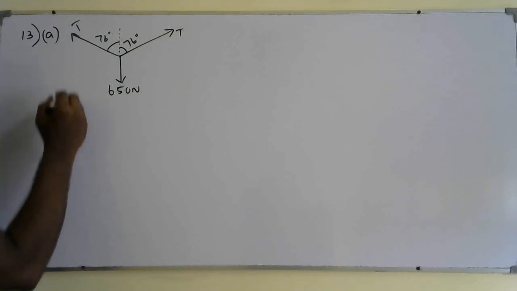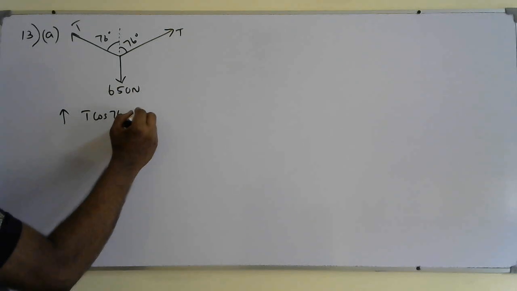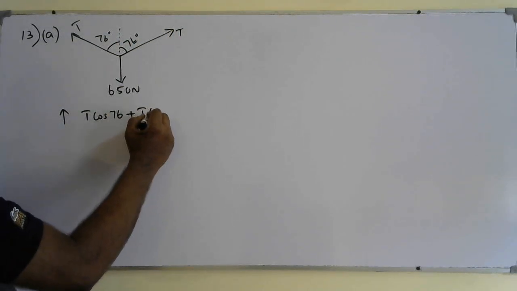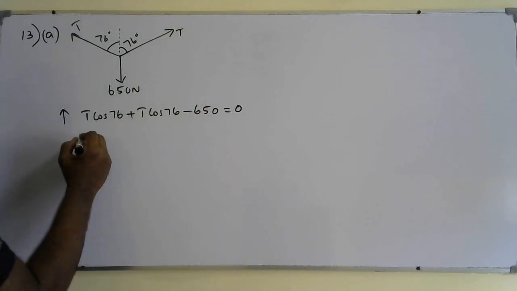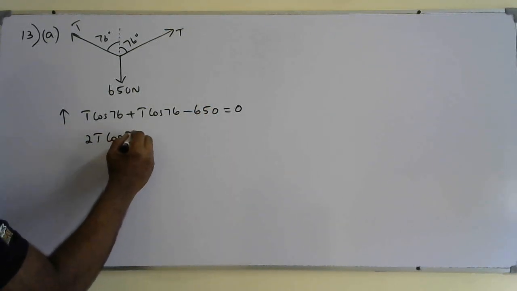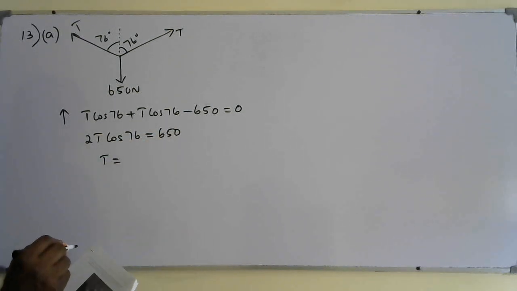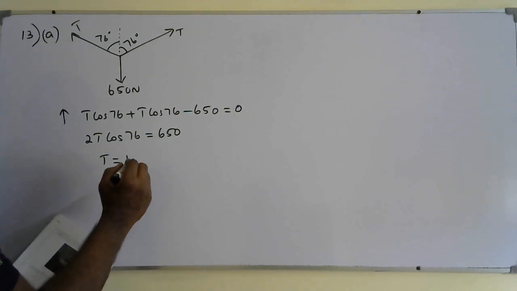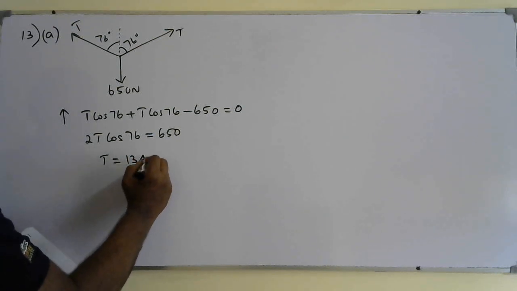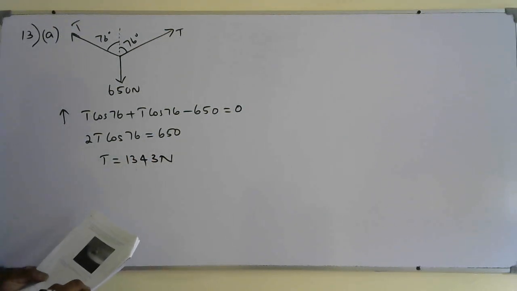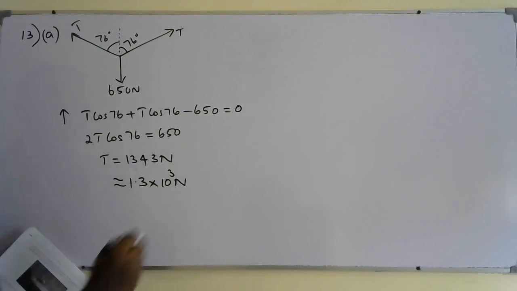Resolve it vertically: T cos 76 plus T cos 76 minus 650 must be equal to 0. That is 2T cos 76 equals 650. Find T. That will be 1343 newtons. So they have to show that it is about 1.3 times 10 to the power 3 newtons.